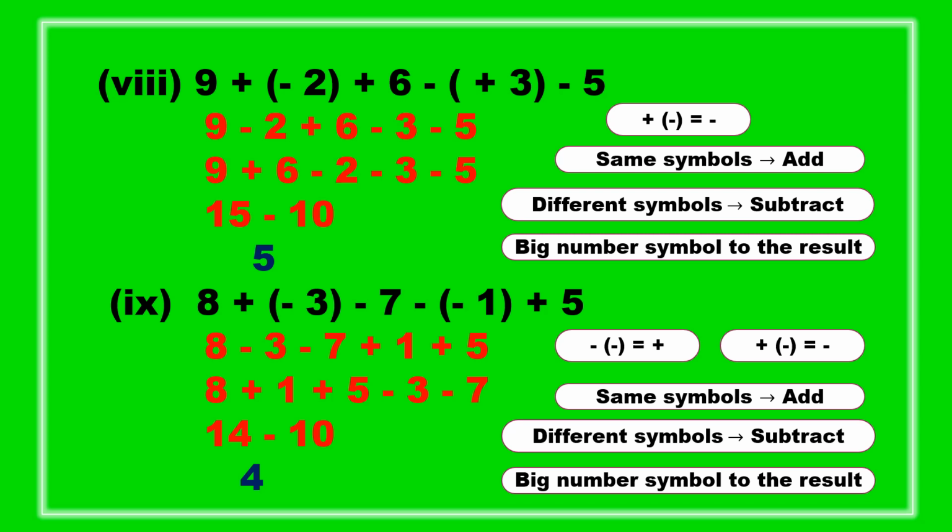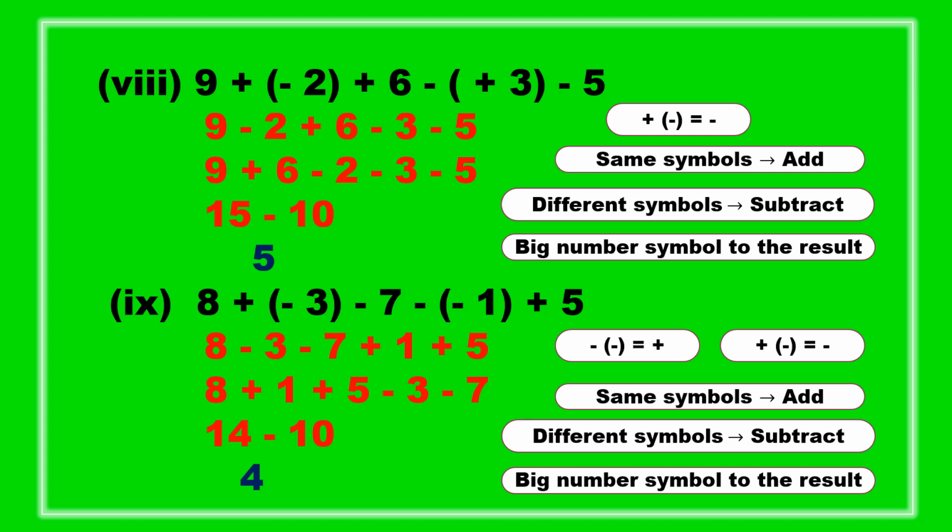Same symbols, you should add and put the same symbol to the answer. Different symbols, you should do subtraction and give the big number's symbol to the answer. And whenever there are brackets in between two symbols, you should write the respective symbol to the answer and finish the problem in 4 steps. First step is removal of brackets. Next step, writing the same symbol terms together and solving.